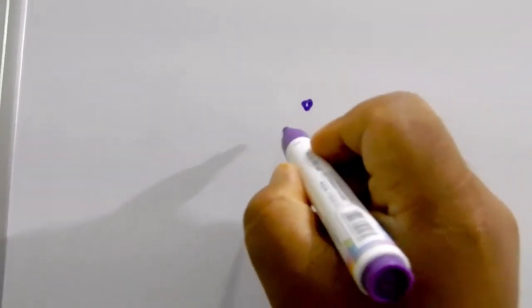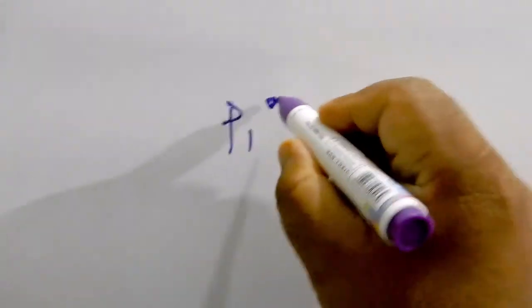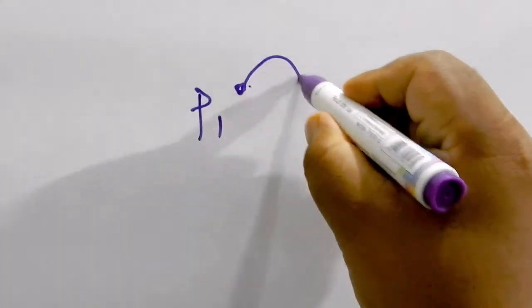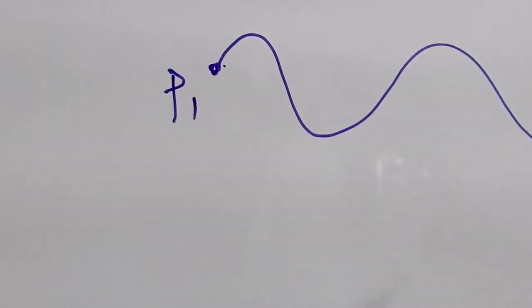To understand it better, let's take a point here, name it P1, and let's take a point here, name it P2. Suppose a mosquito or a fly goes from point P1 like this to point P2.